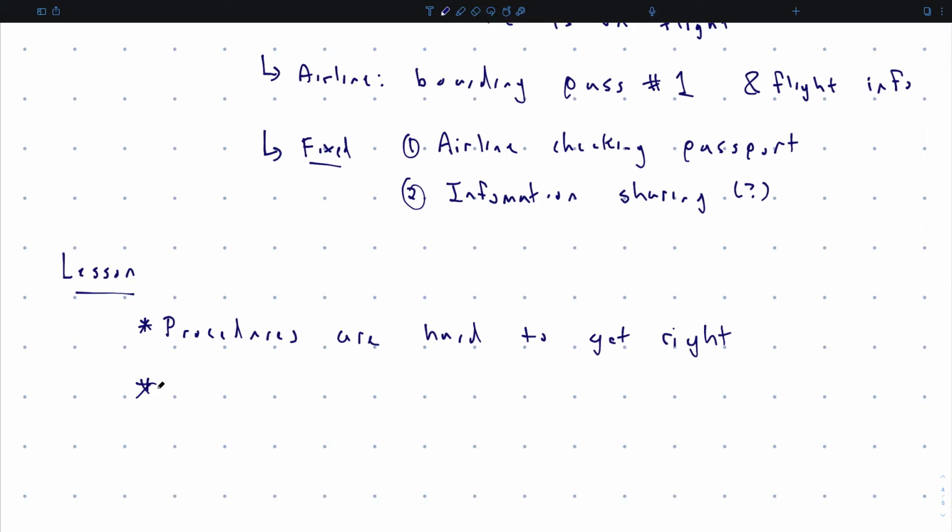But formal methods, first off, has to be a custom fit. Someone has to model this exact situation. It's not like there's a general tool and you can just plug in your situation. Someone has to sit down and say, okay, who are the different parties involved and what's the information involved and who talks to who and who checks what, and they have to model it all custom for the airport.